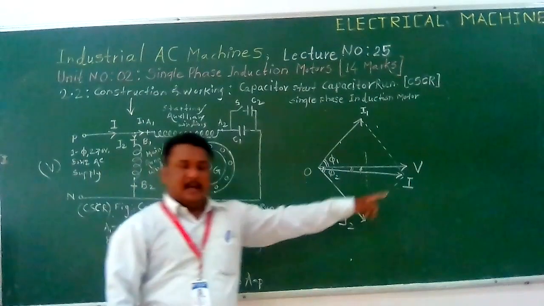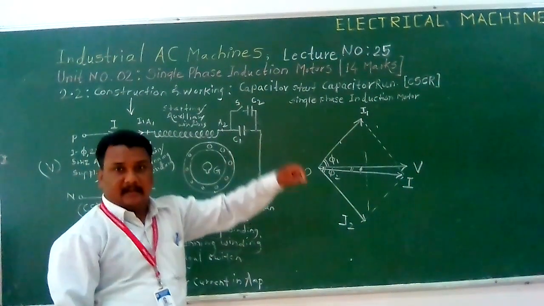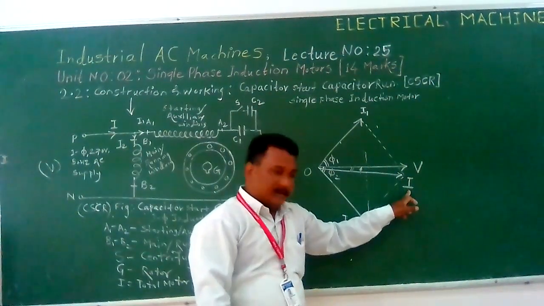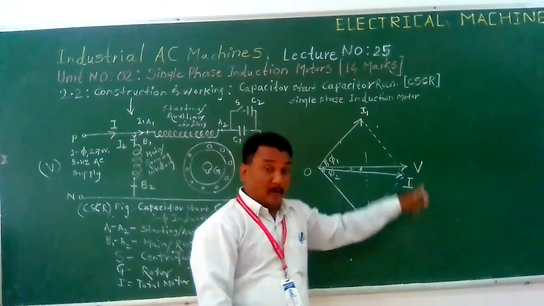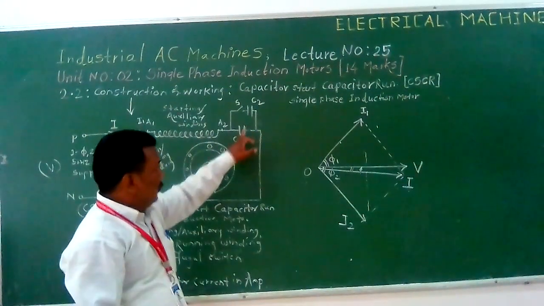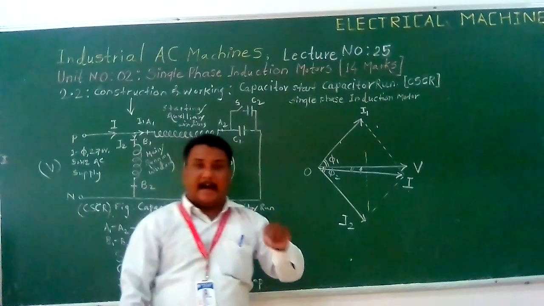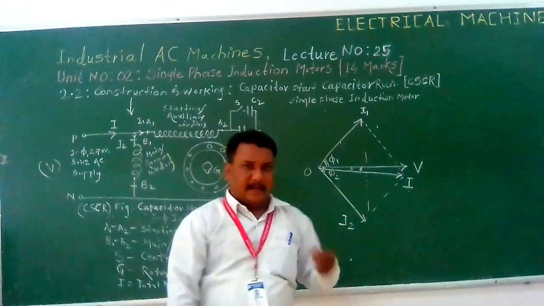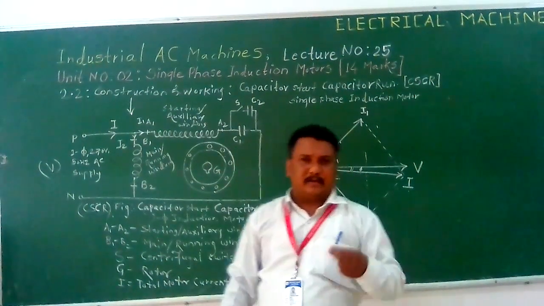So this is the phasor diagram of the capacitor start capacitor run induction motor, and its motor current is somewhere near in phase with the applied voltage, because during starting as well as during running, capacitors are present in the circuit. But in the running condition, most of the work is done by the main winding or running winding.